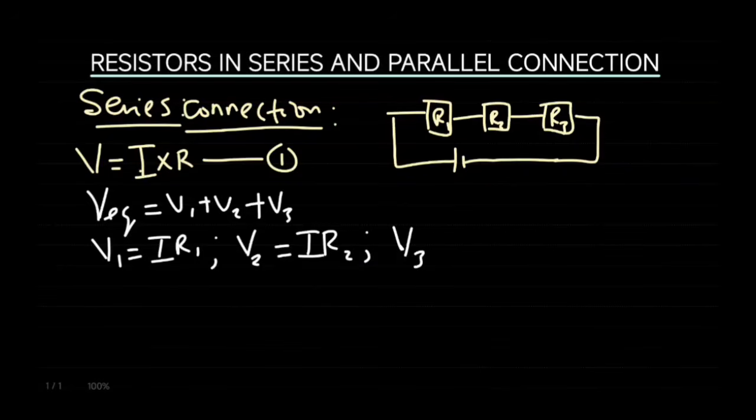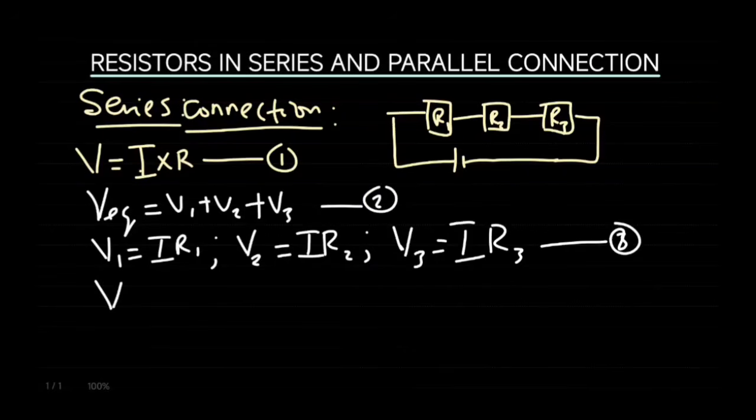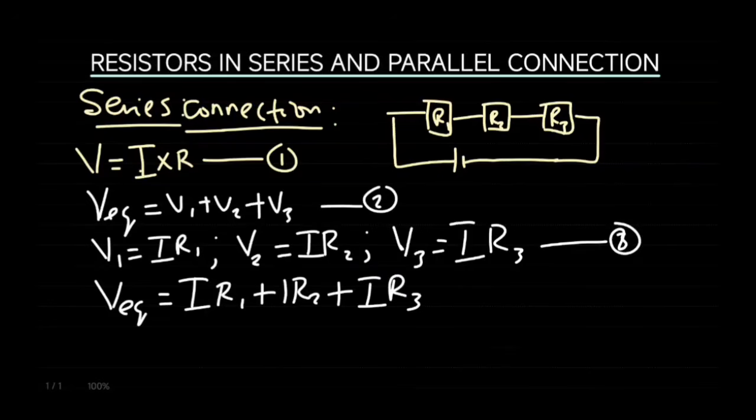V3 is equal to I R3. Now knowing this, let's substitute equation 3 into equation 2. Now my V equivalent is equal to I R1 plus I R2 plus I R3.